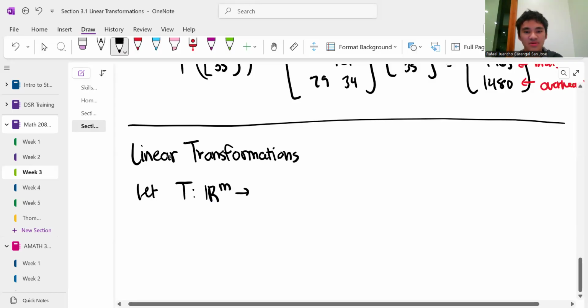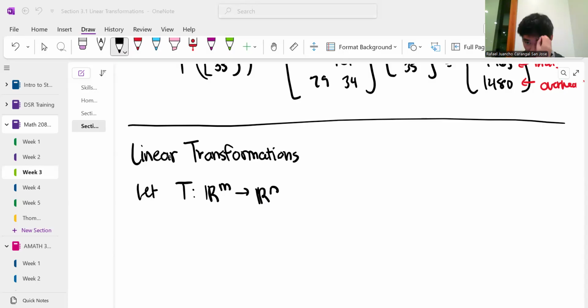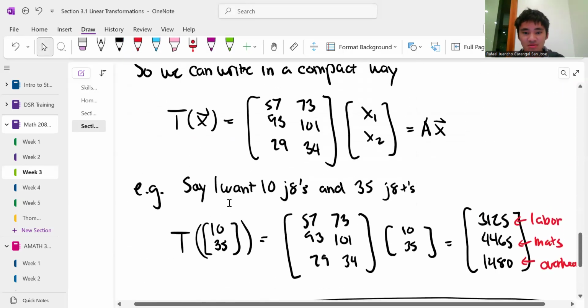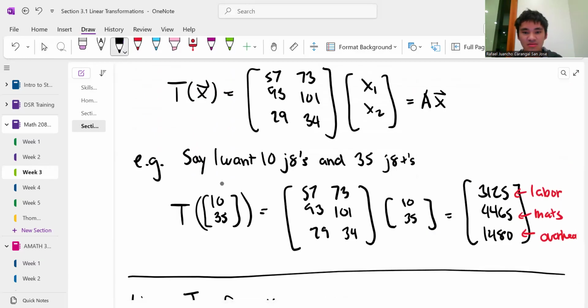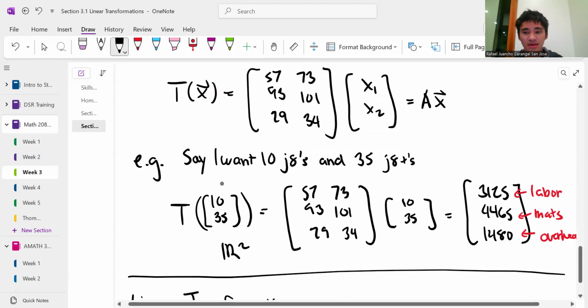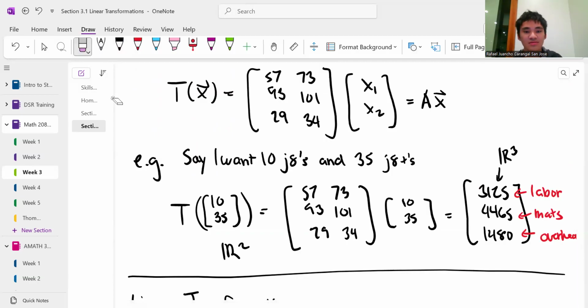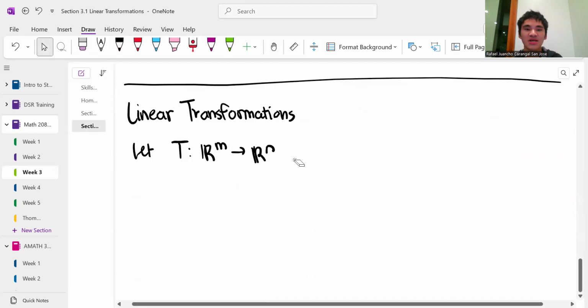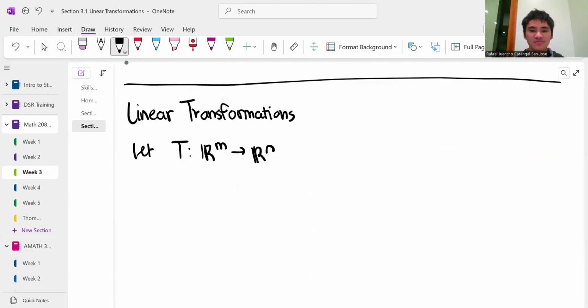We start at m dimensions and we change it to n. I'm going to explain what this is in a bit, but here we started with an R by 2, and then somehow we ended up with an R by 3. We're changing dimensions as we're doing a linear transformation.